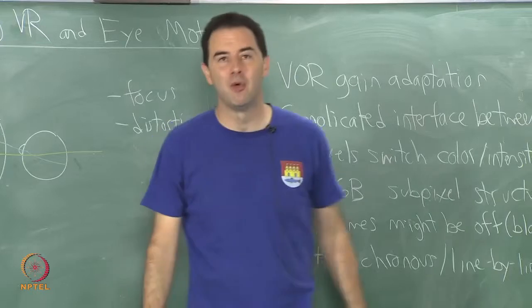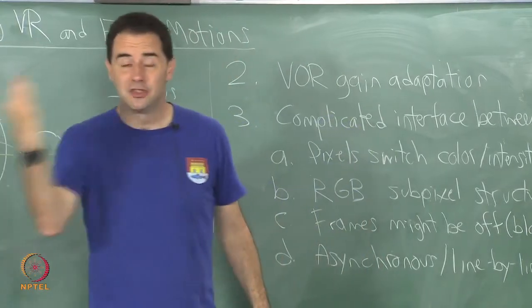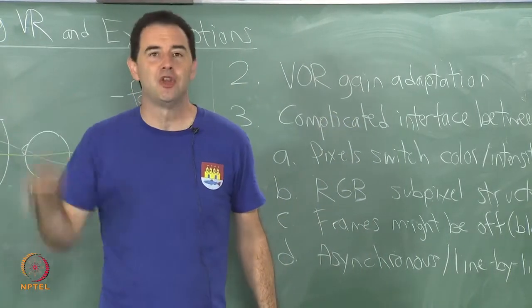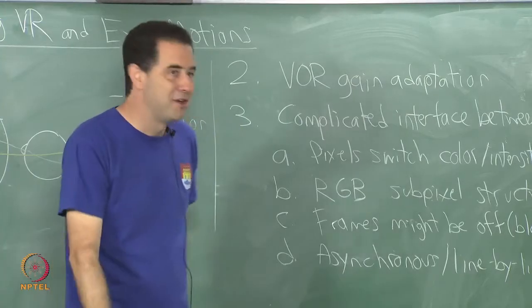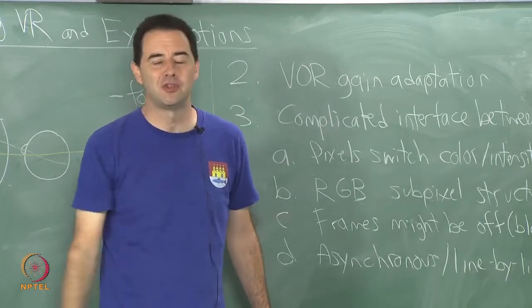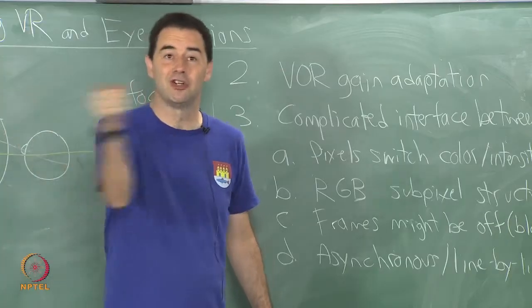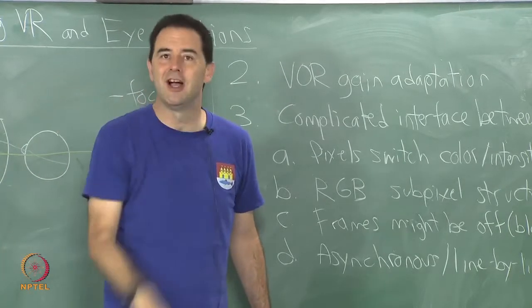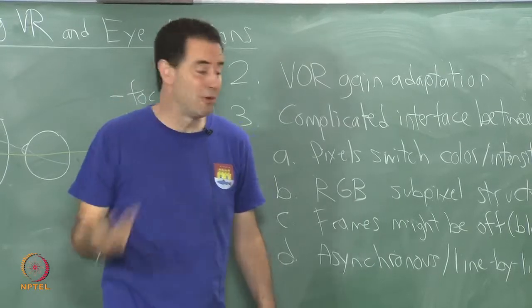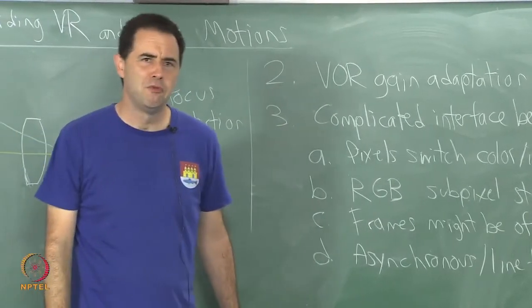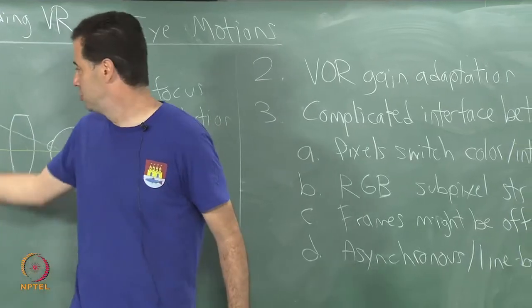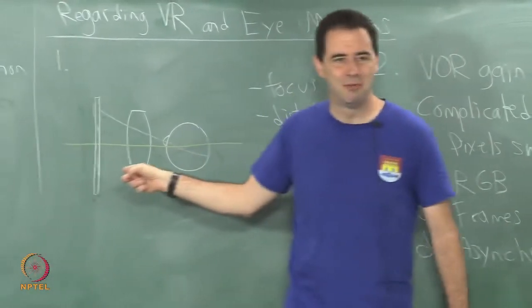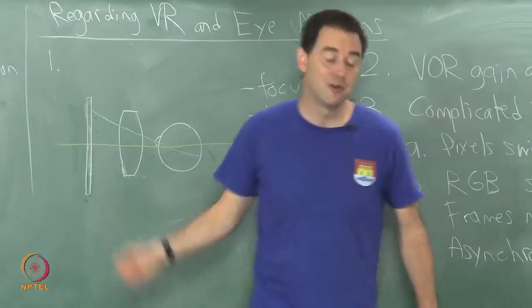Maybe asynchronous, but a better word there would be sequential. So it's going along sequentially. You'd like to just change all the pixels at once. Instead, they're changing in some kind of organized way that looks a lot like the way old CRTs worked, by controlling the electron beam and just scanning it line by line. So that mentality has been around for a long time. The real world doesn't act like that, but this display in front of your eye does in most cases. So it needs to be re-engineered.